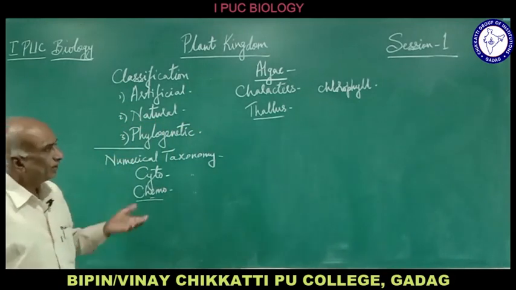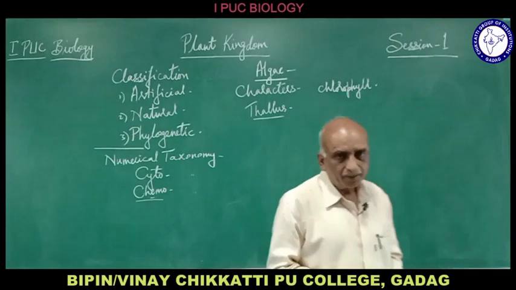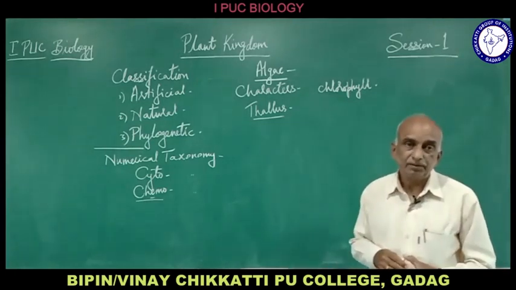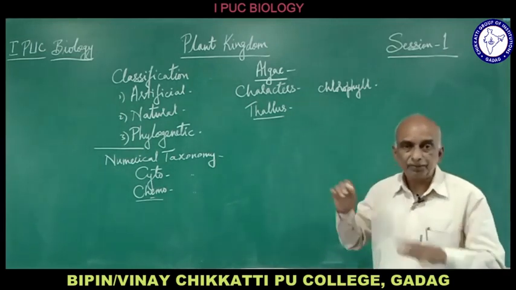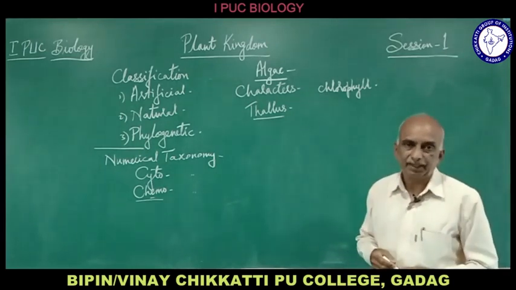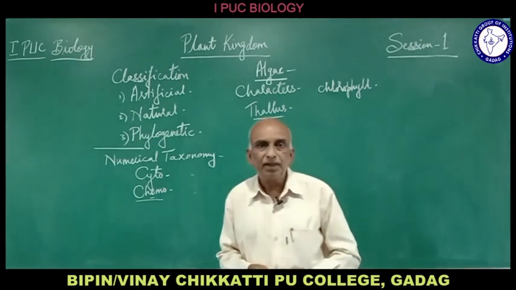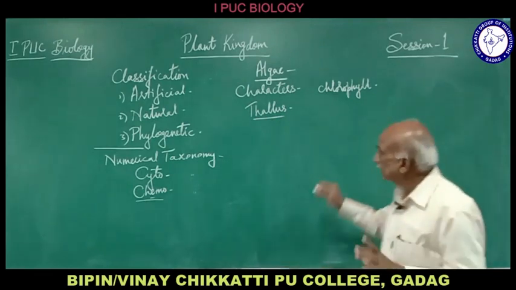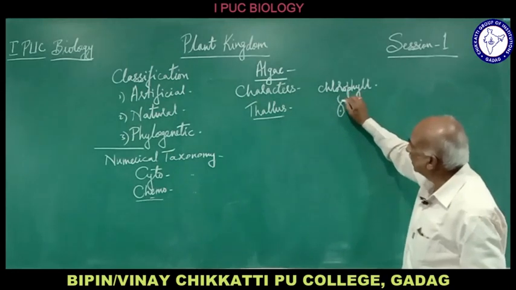Then we come to the organization, how the thallus is there. There are unicellular algae and there are multicellular algae. A single cell may form the body of the algae. For example, Chlamydomonas is a single-celled alga which has flagella.